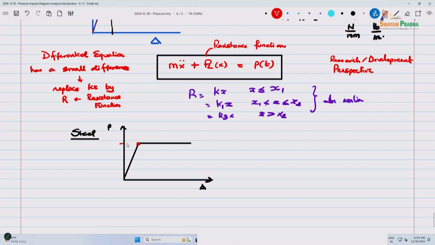Here you have P naught and this is K, and here you see that K2 is 0. You can input anything, whatever you want, a low value, 10% or 5% of K. You can try different small values to check for sensitivity.